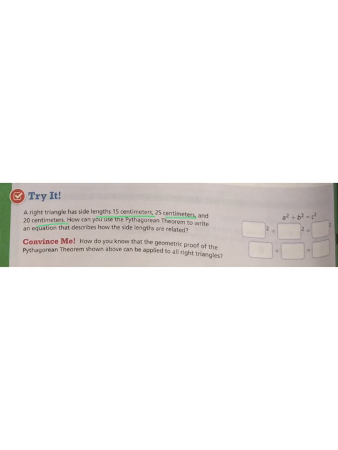Well, the first thing that jumps out to my head is I've got to always remember C is the hypotenuse, the longest side. Which is my longest side? The 25. So we're going to put the 25 in for C. The other two sides are legs.